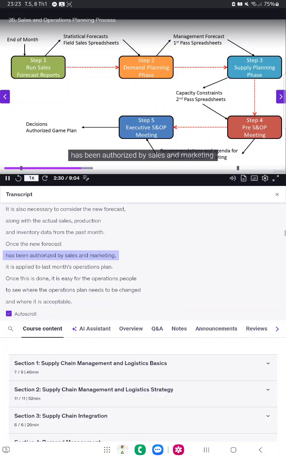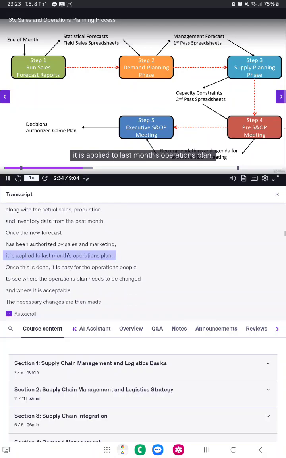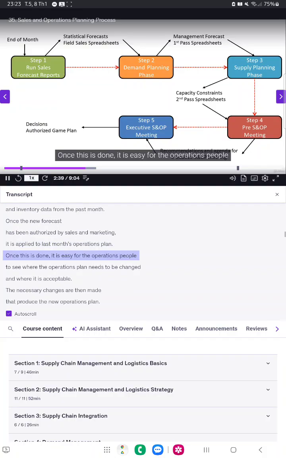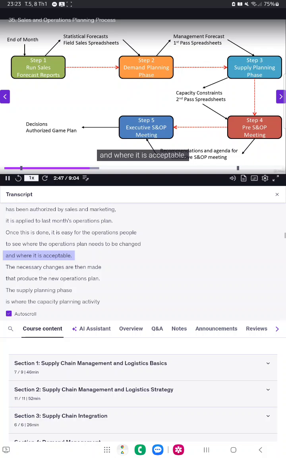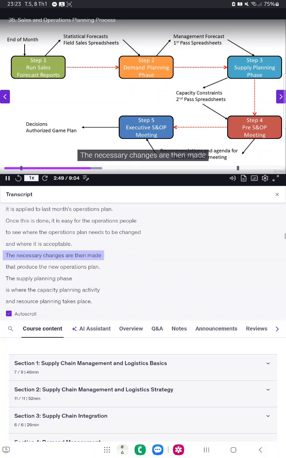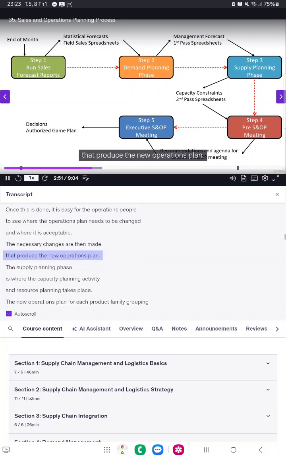Once the new forecast has been authorized by sales and marketing, it is applied to last month's operations plan. Once this is done, it is easy for the operations people to see where the operations plan needs to be changed and where it is acceptable. The necessary changes are then made that produce the new operations plan.